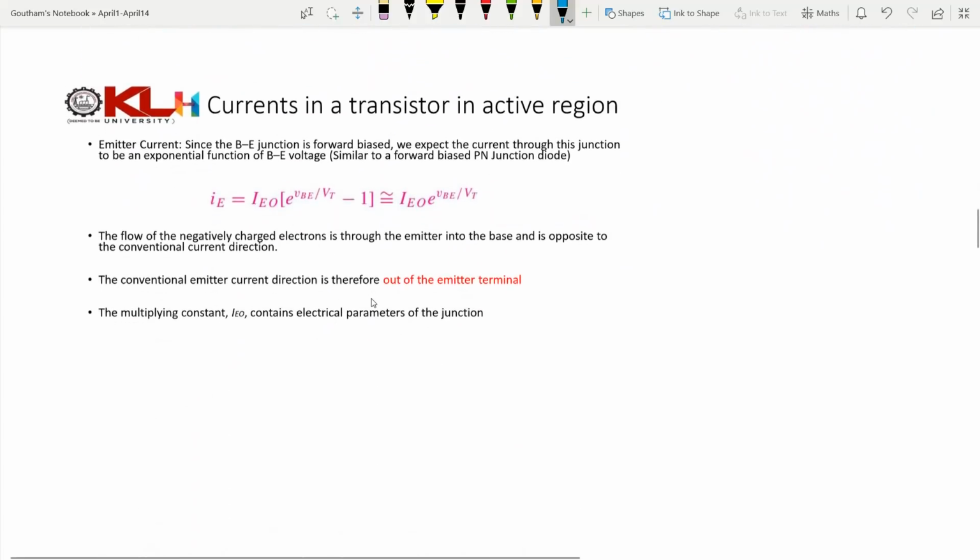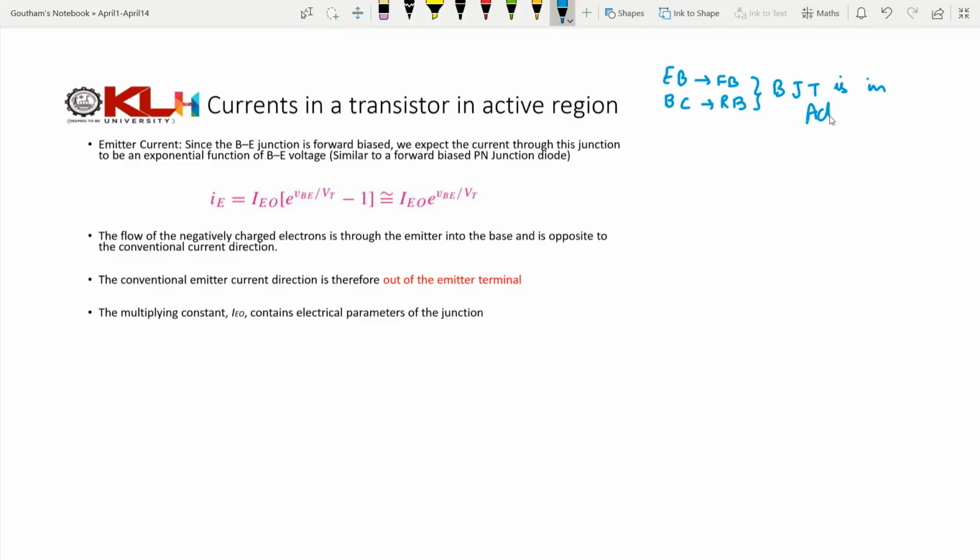Now let us try to understand. I forgot to mention: if your base-emitter junction is forward biased and the base-collector junction is reverse biased, then the BJT, or the transistor, is said to be in the active region.